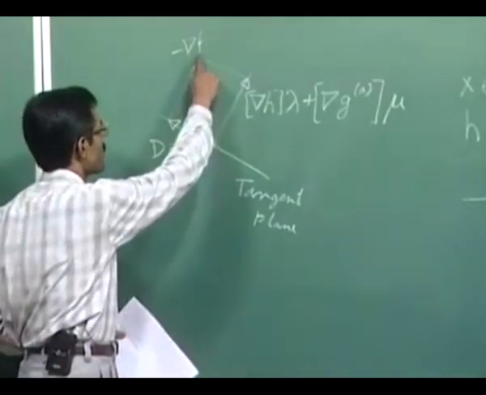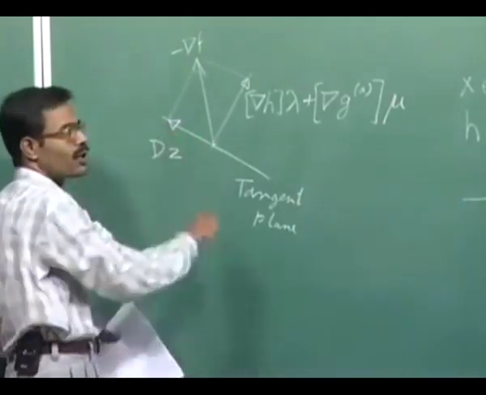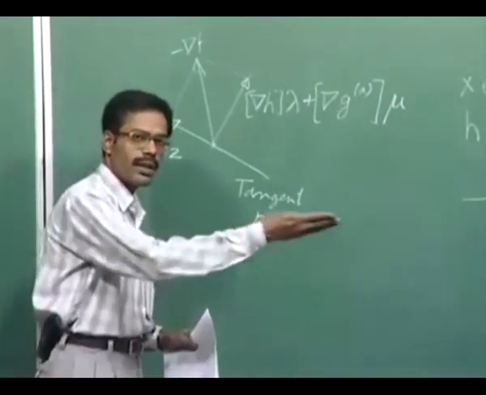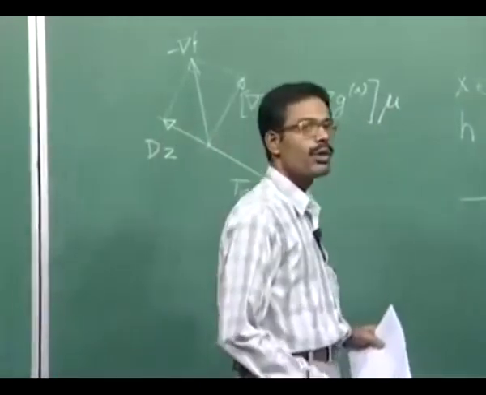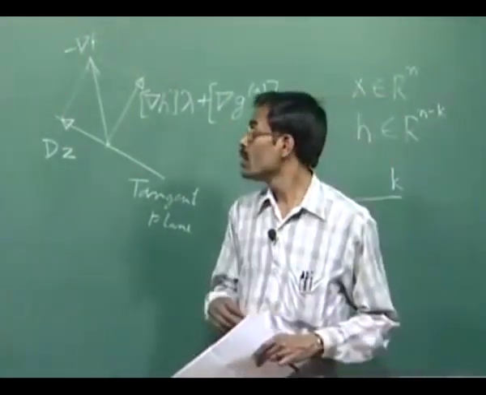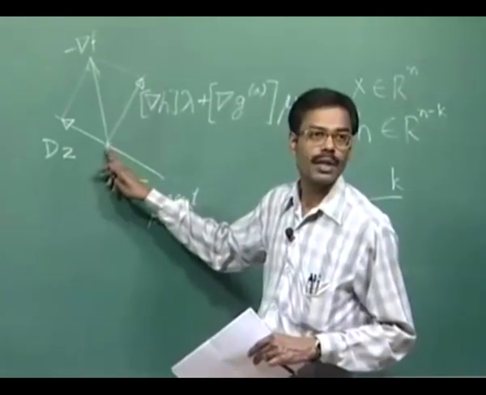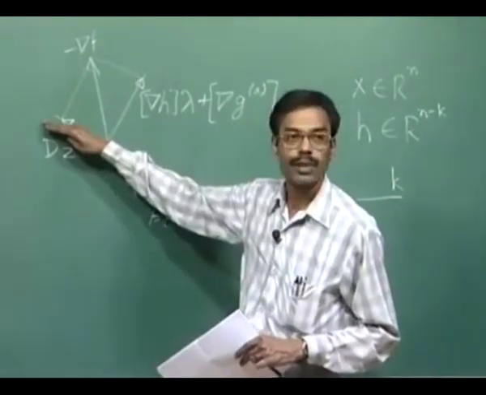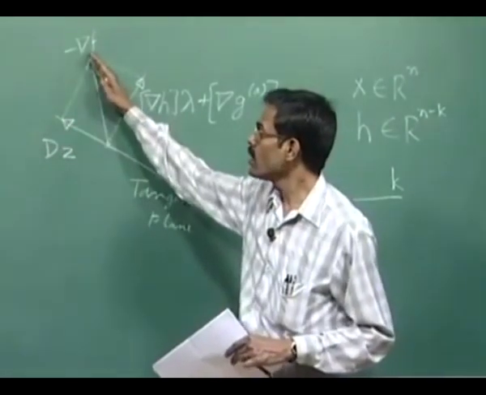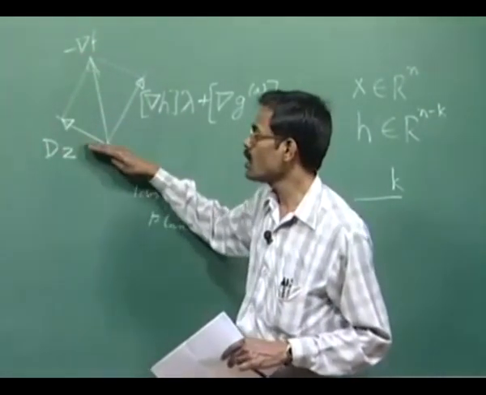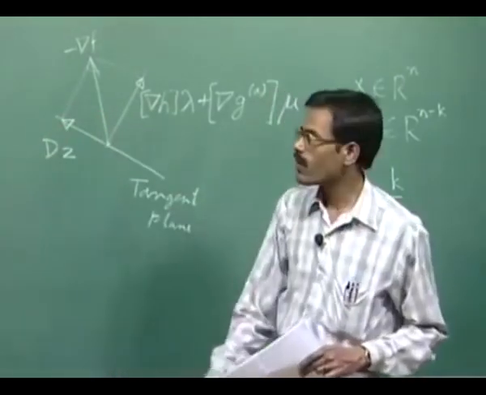Now, if the negative gradient has a non-zero component in this tangent plane, then moving in that direction we should be able to reduce the value of the function, right. So, then this point cannot be a local minimum, because along this feasible direction we have a positive component of the negative gradient, and we can reduce the function value.